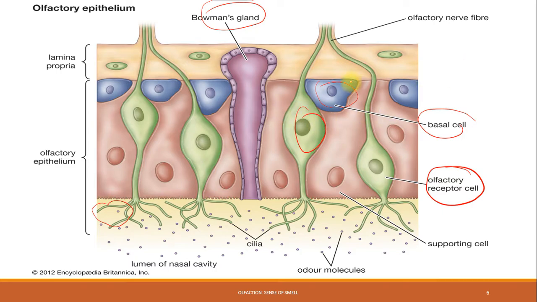And this olfactory receptor cell then forms the olfactory nerve fibers. Okay, so these are all odor molecules which make contact with receptors which are present in the plasma membrane of cilia. Okay, and in between the olfactory receptor cells, we can find the supporting cells.